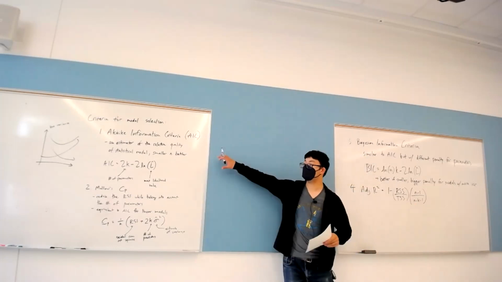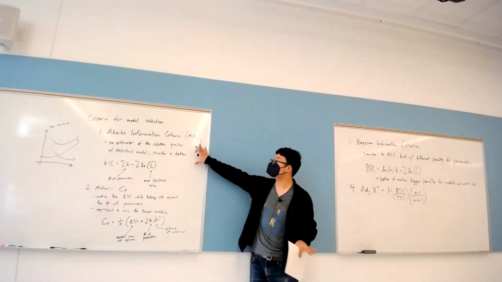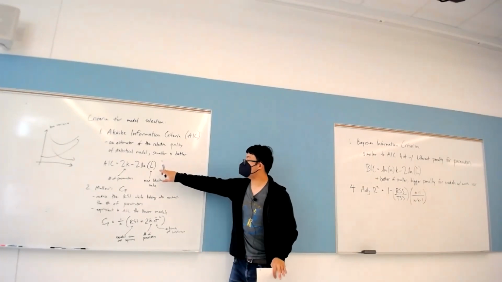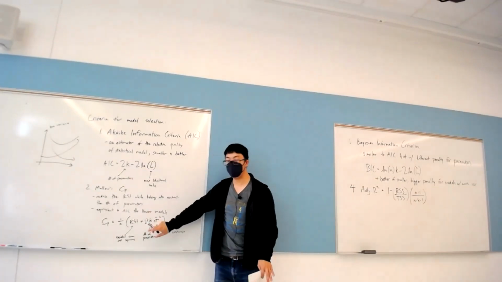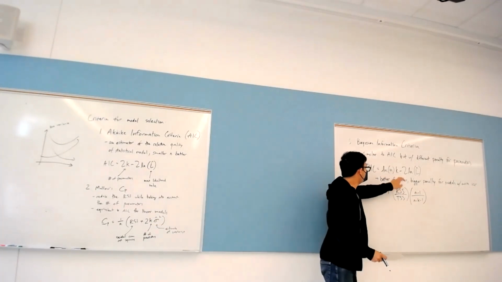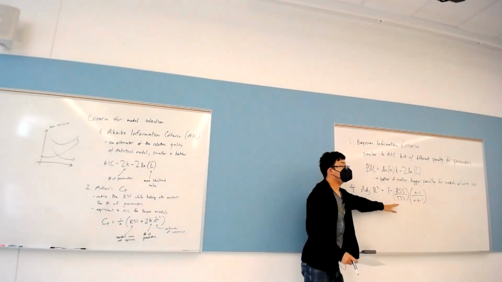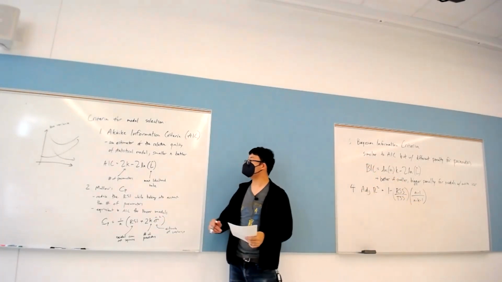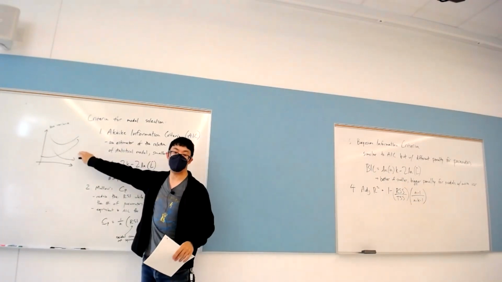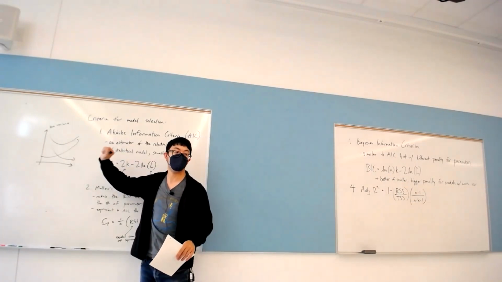Same principle in all of these. You can see consistently we've got k here, k here, k here, k here. These are all to address this principle of preventing overfitting.